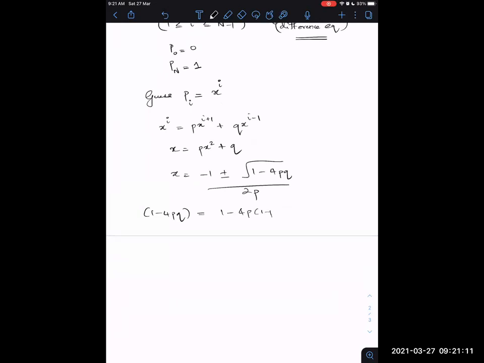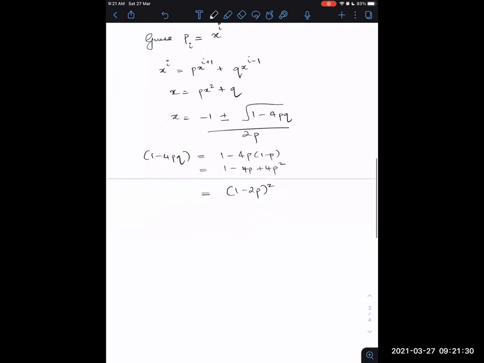This is just 1 minus 4pq. I just substituted for q. So now this is an equation in just p squared, and this is exactly the same as 1 minus 2p the whole squared.